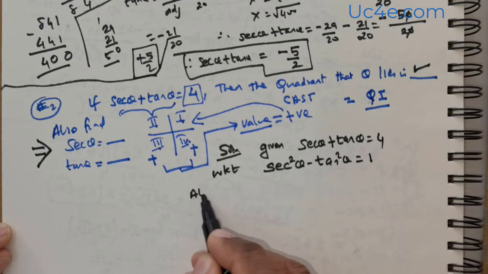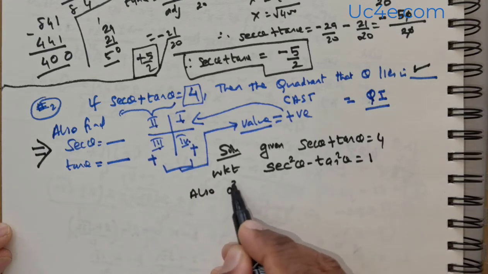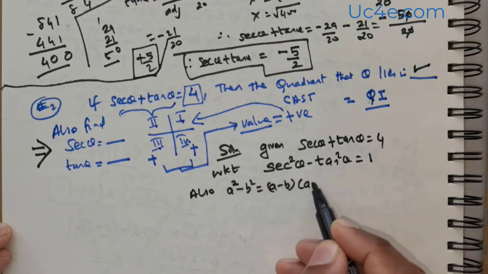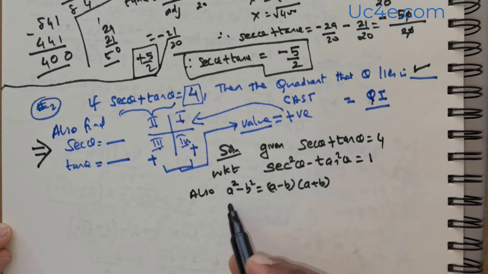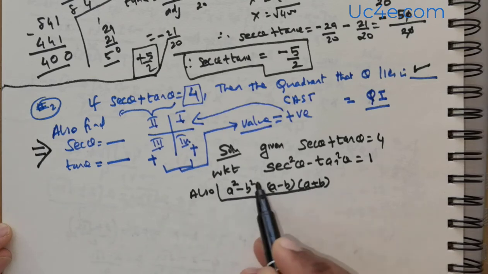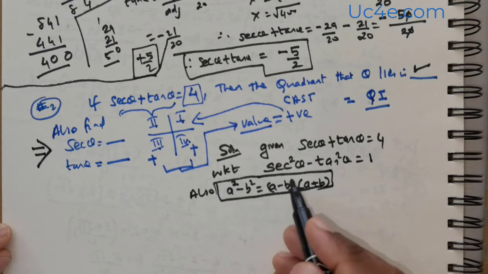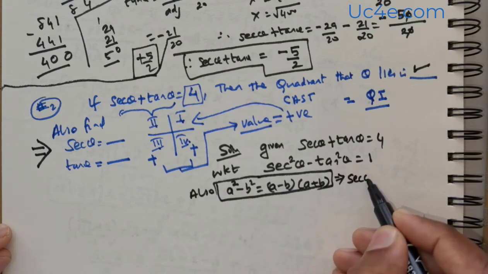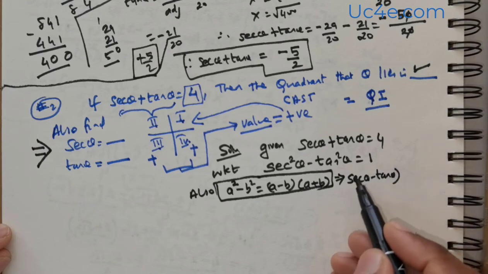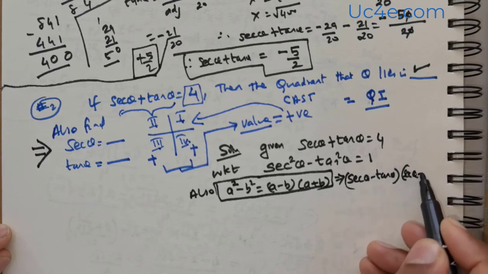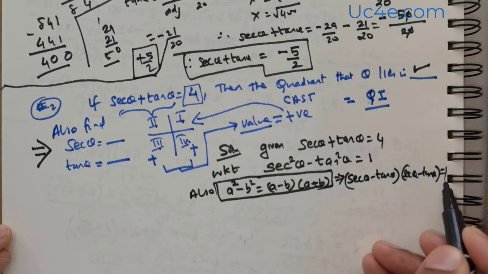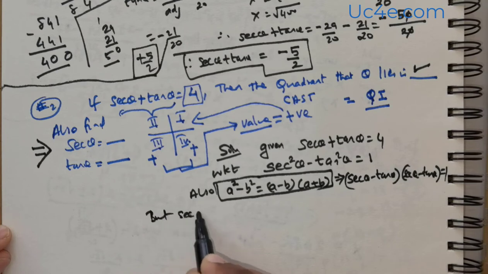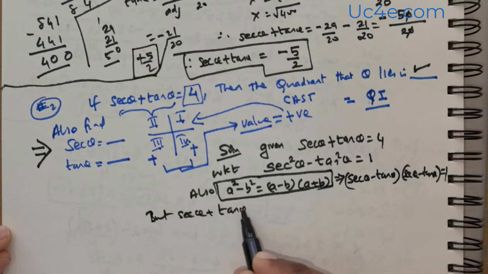Now we also know that a squared negative b squared can be rewritten as a negative b times a positive b, right? So from this concept I can rewrite this as secant theta negative tan theta multiplied with secant theta positive tan theta is equal to 1, right? But secant theta added with tan theta is equal to 4.